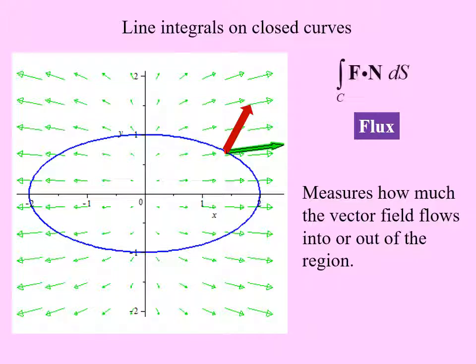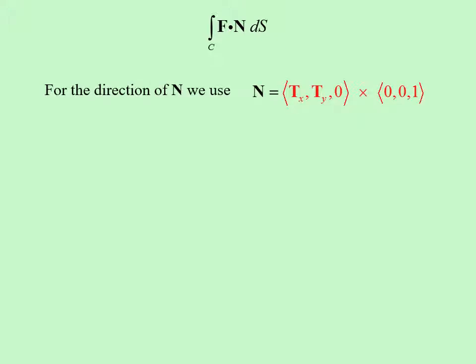And so we will do F dot N, and that is called our flux integral. Now to actually compute the integral, we're going to use the outward direction, and again we'll be calling this positive flux. So positive means outward.